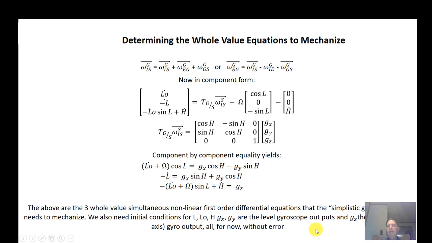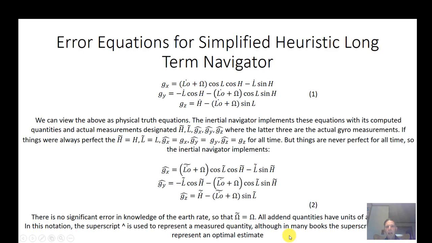We're always talking about the subscripts for the gyro referring to the input axis of the gyro, and the notation without any superscript on the gyros refers to true gyro outputs without errors.